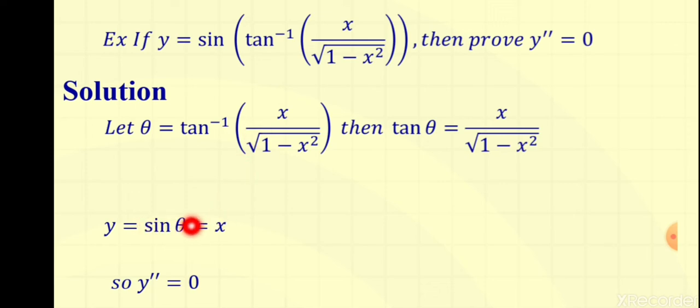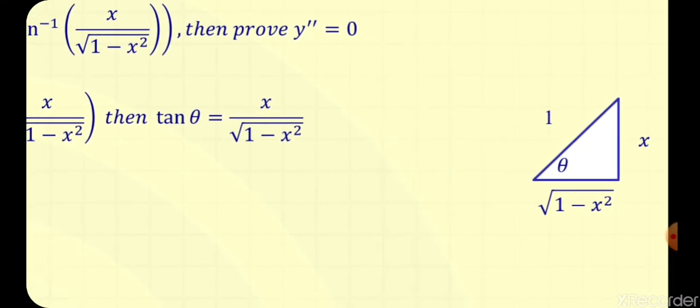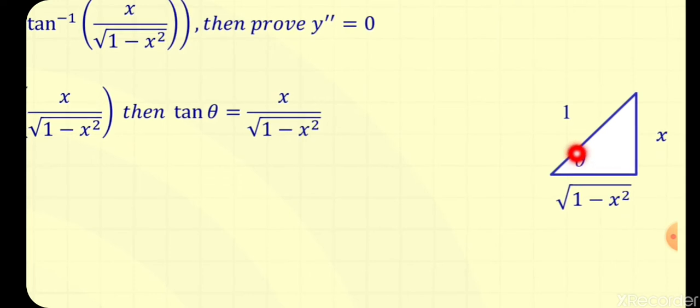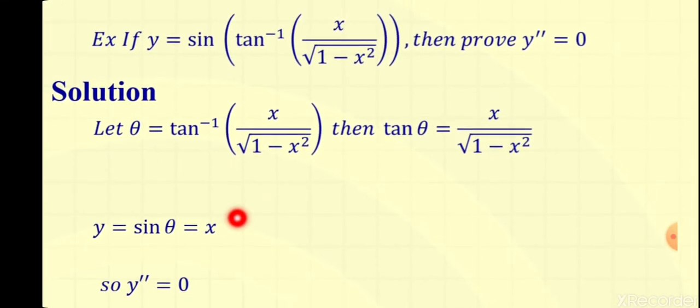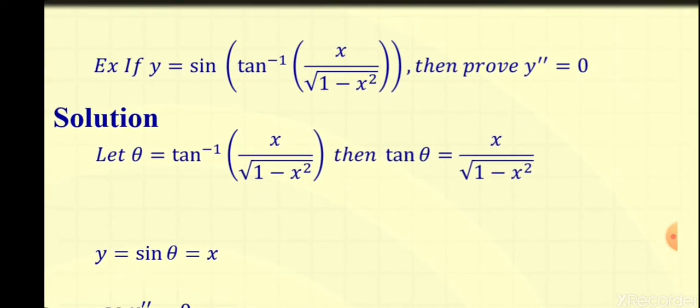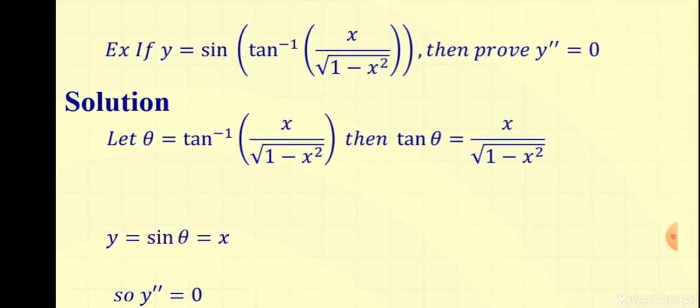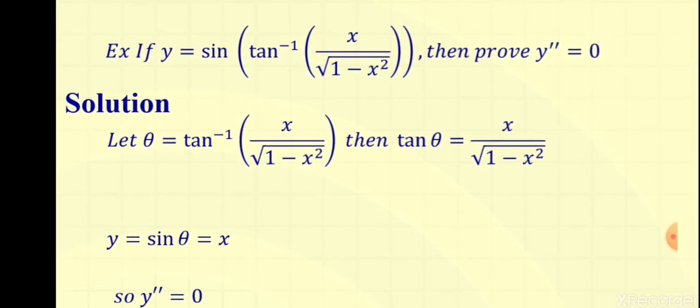Since sine theta is opposite over hypotenuse, which is x over 1, sine theta equals x. So y prime equals 1 and y double prime equals 0, which is what was required to prove.